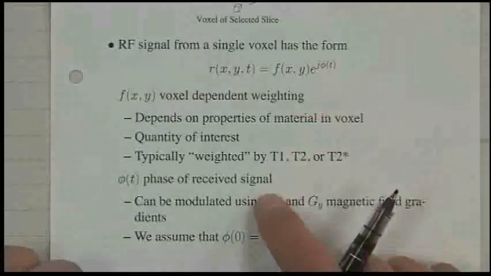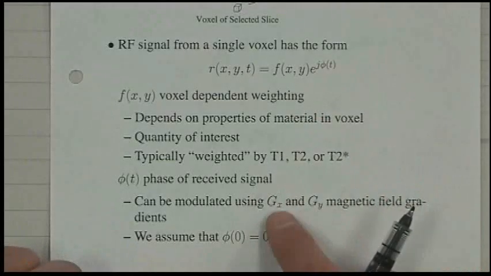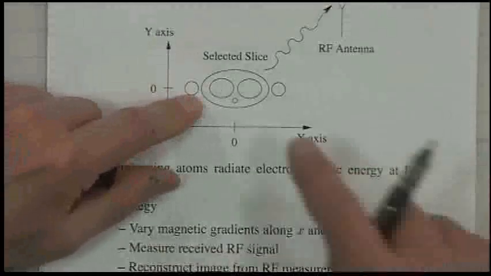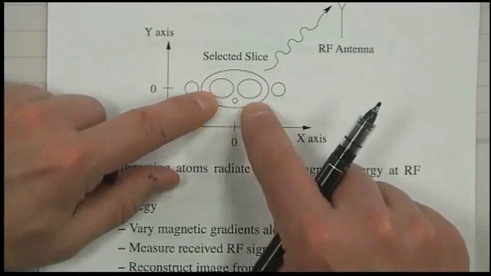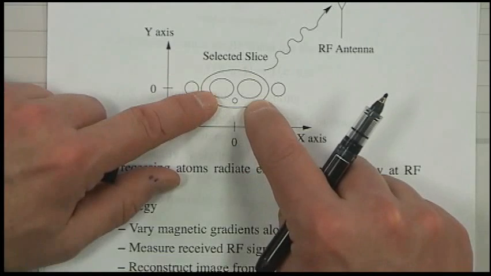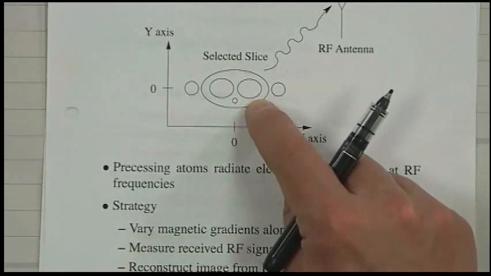Now, we can change the frequency by changing the gradient in x and y. Because if we go back and look at this, for each voxel the frequency of oscillation is going to be modulated by the intensity of the magnetic field, because the magnetic field times the gyromagnetic constant determines the frequency, right?